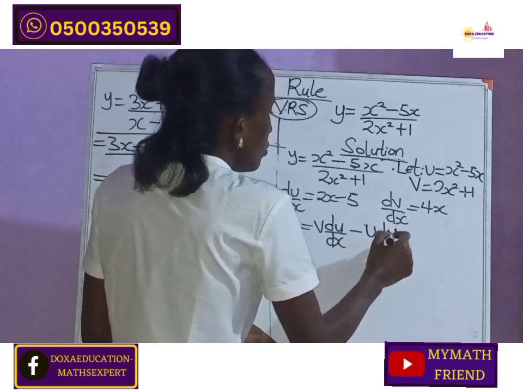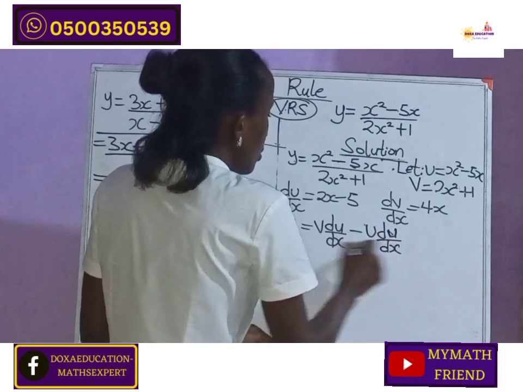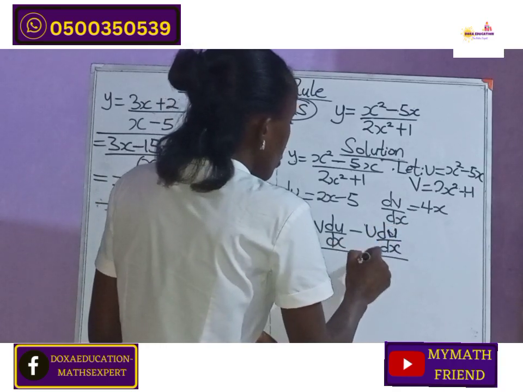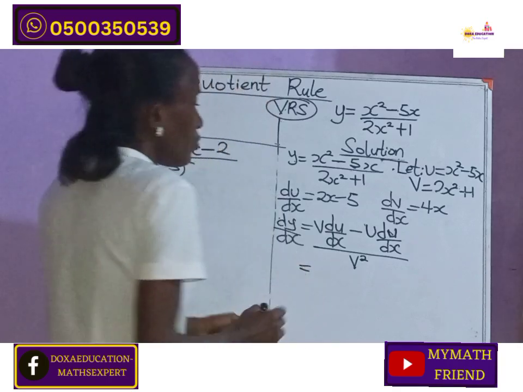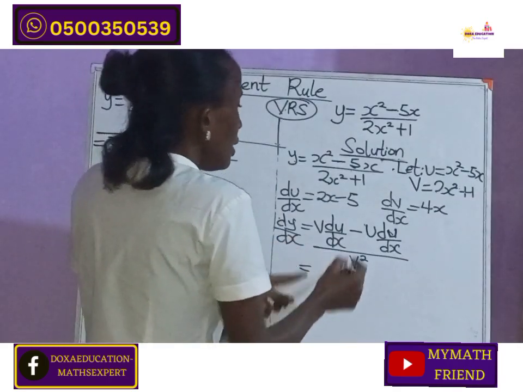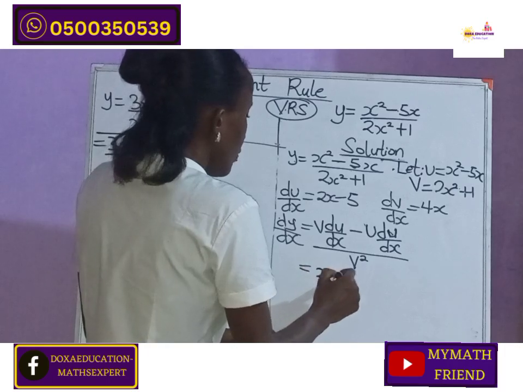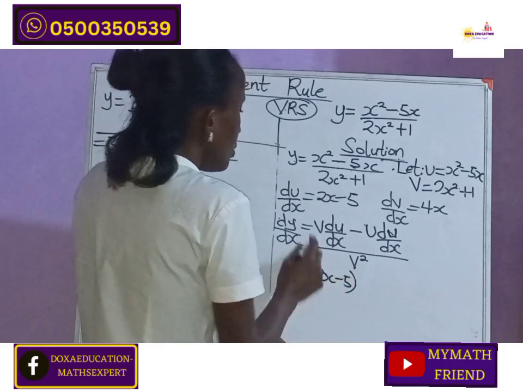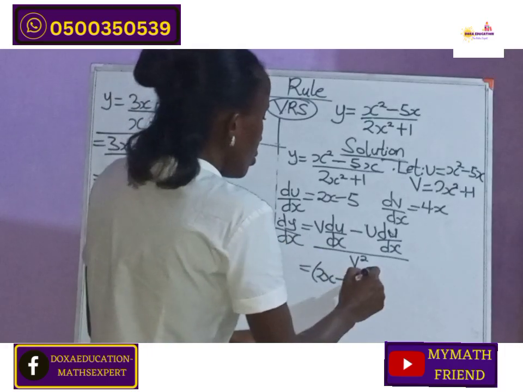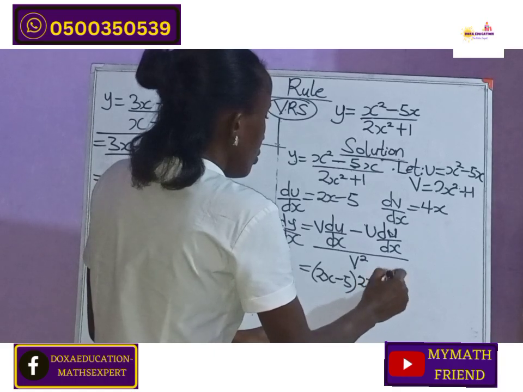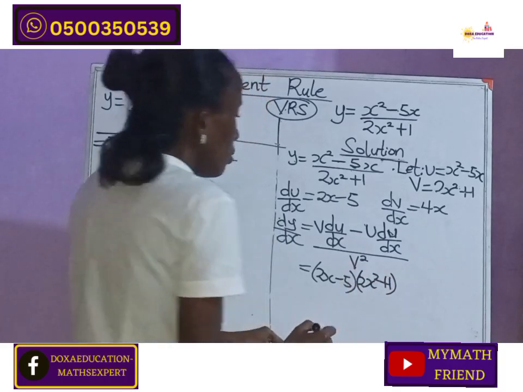So that's du/dx, all out of v squared. Now let's substitute from here. du/dx is 2x minus 5. And v is that. So 2x minus 5 times v, which is 2x squared plus 1.